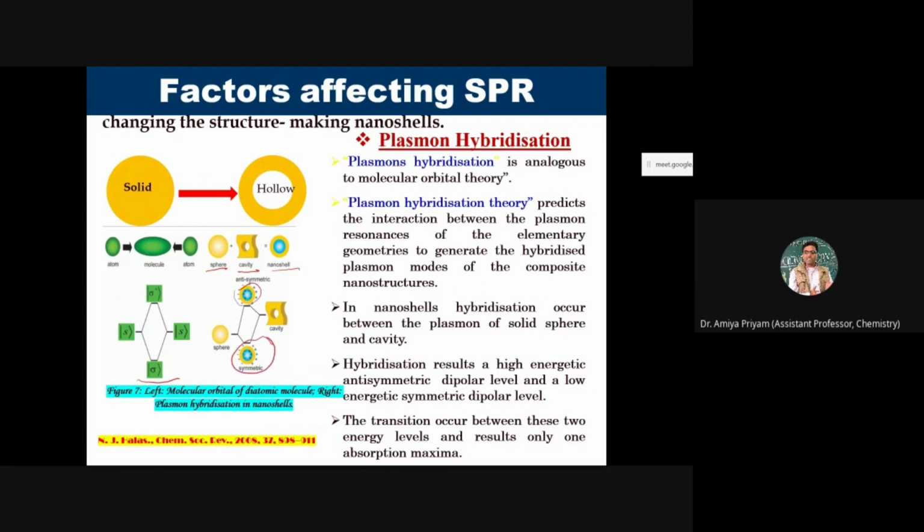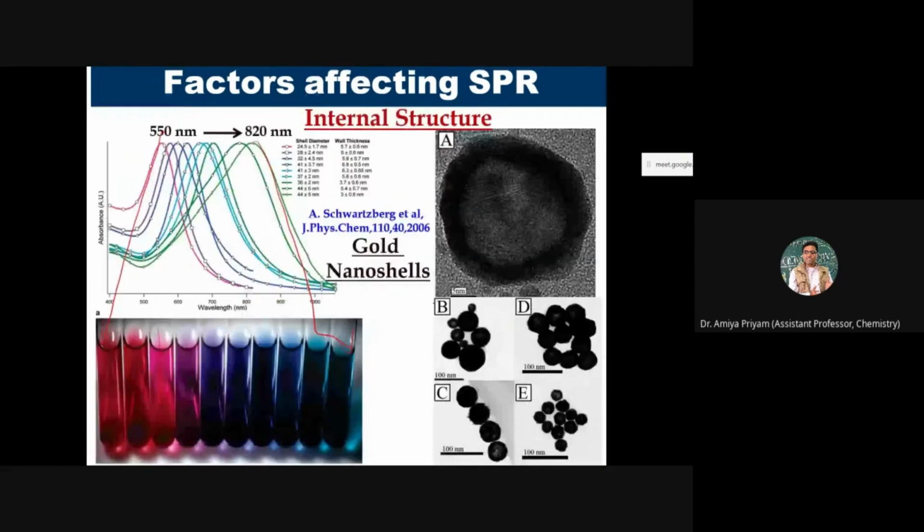There is a small peak that appears around 400 nanometers, the anti-symmetric one. All the tunability that you are seeing is the symmetric dipole that is being tuned, and the small rise towards 400 nanometers is what we call the antisymmetric dipole, with a small intensity.